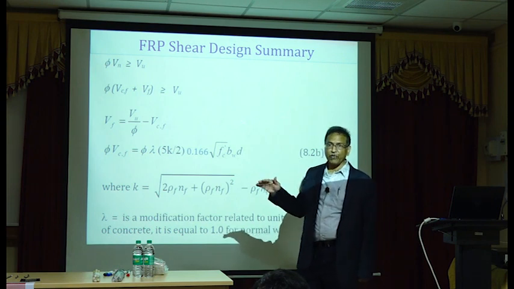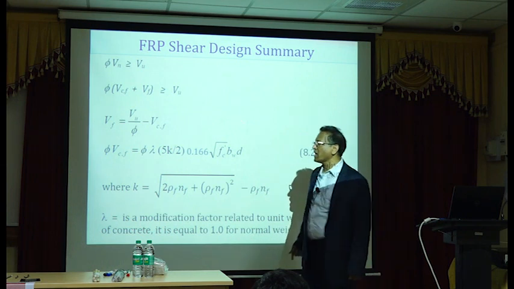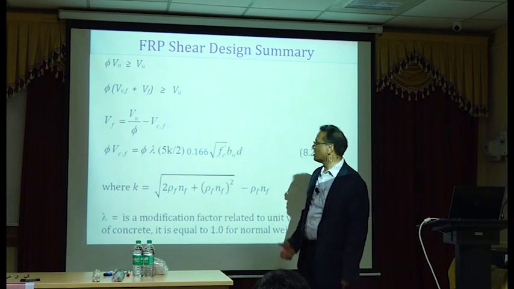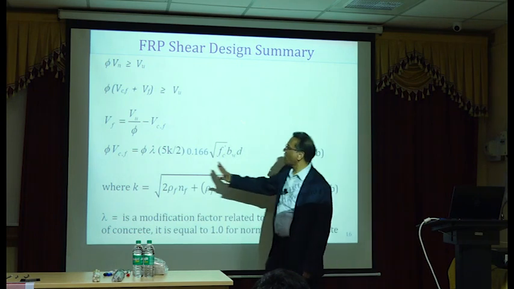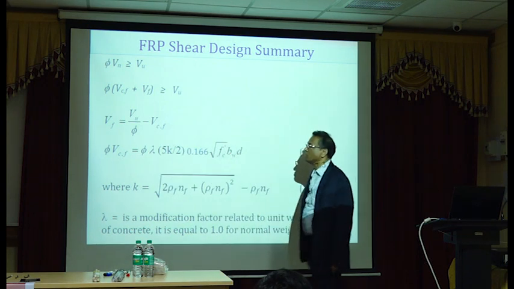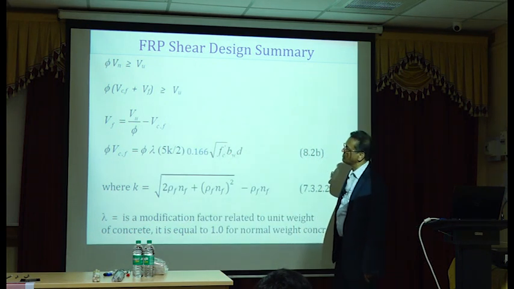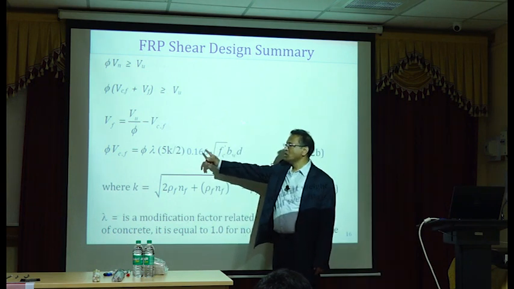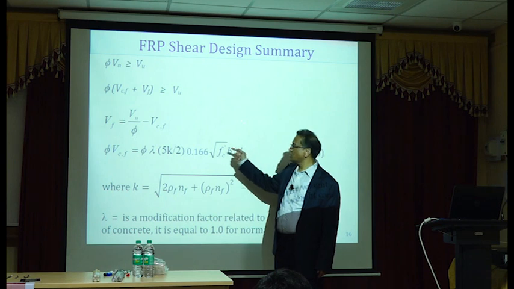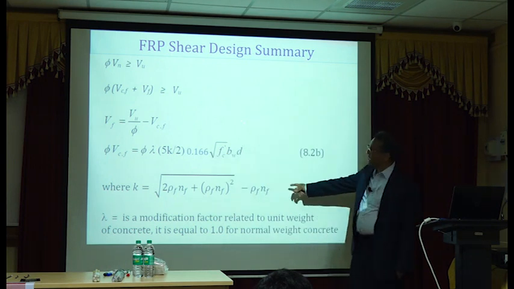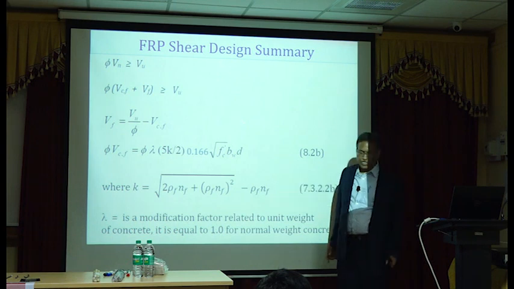And for all lightweight concrete, when you don't have any coarse aggregate in the lightweight concrete, that's 0.7. So for all practical purposes, we will use normal weight concrete. Therefore, lambda equals 1. And then I adjusted this factor to match your SI units. So that's in place already. And then K is determined based on this simple expression.